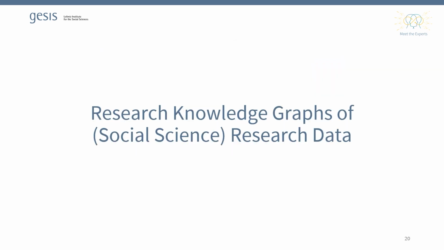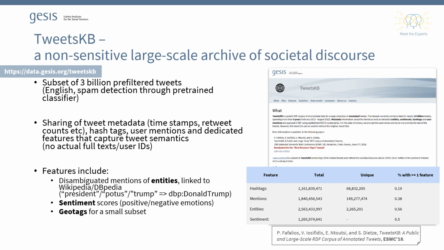Last but not least, I want to present briefly a knowledge graph of social science research data to show that knowledge graphs cannot only be used in the backend of a system and service, but also directly for research. TweetsKB is a non-sensitive, large-scale archive of societal discourse.